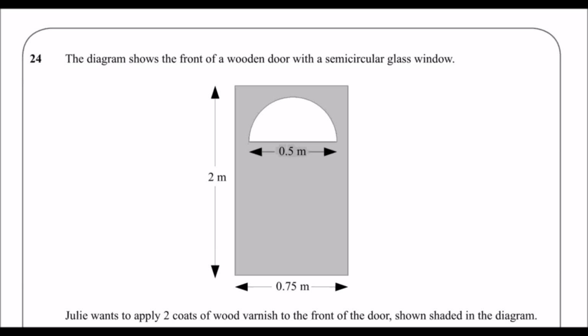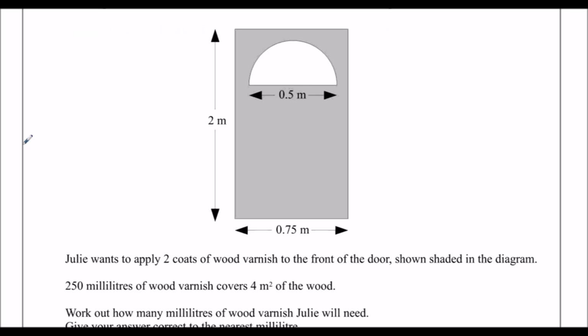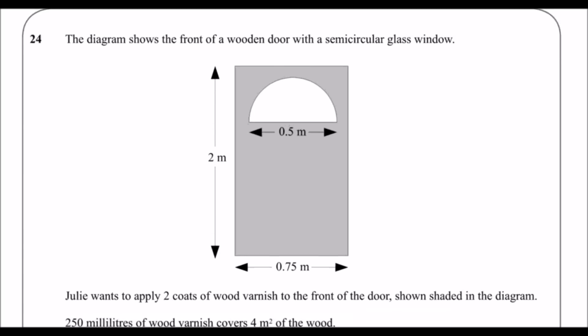Question 24. The diagram shows the front of a wooden door with a semicircular glass window. Julie wants to apply 2 coats of wood varnish to the front of the door. 250 milliliters covers 4 meters squared. Work out how many milliliters of wood varnish Julie will need.